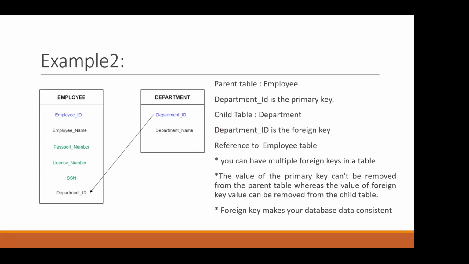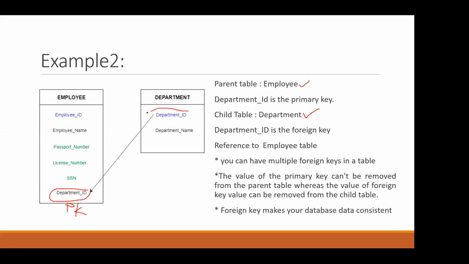For your understanding, here I took another example, an employee table and a department table. The employee table has many columns, and I choose department ID as the primary key. This primary key is referred to by the department table.